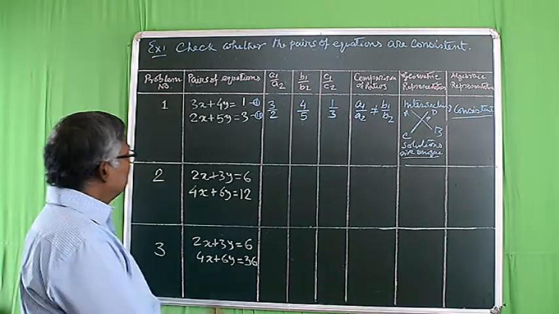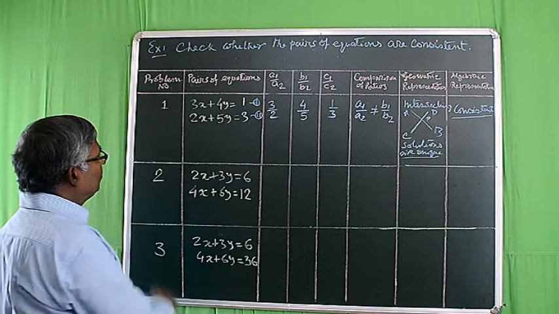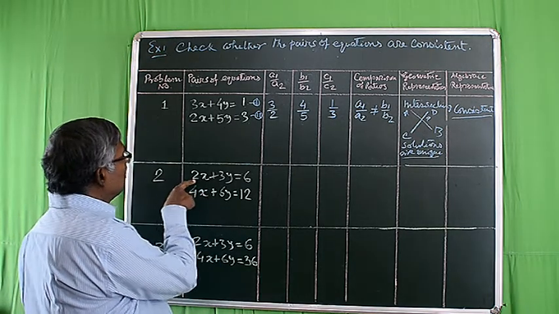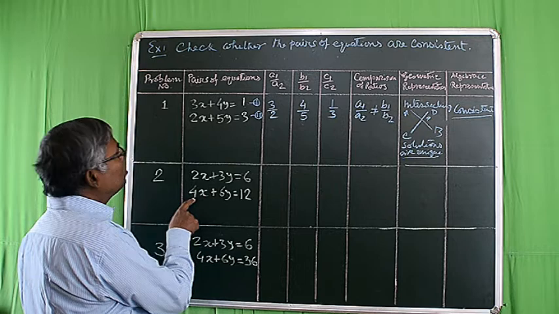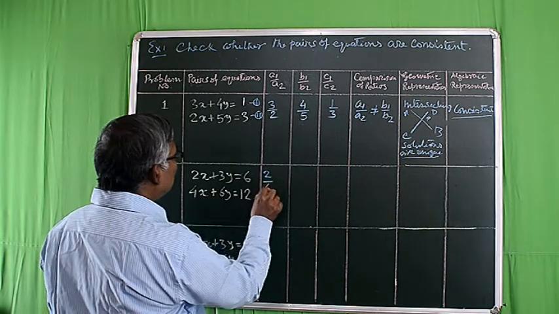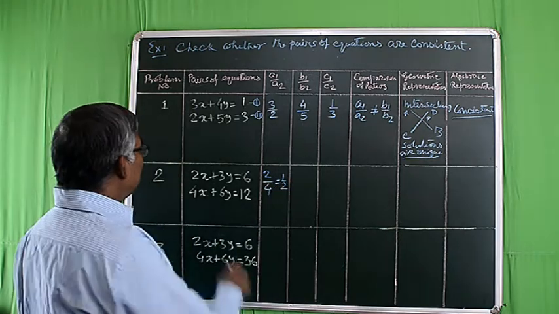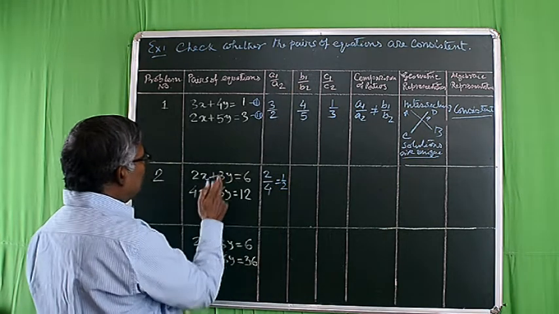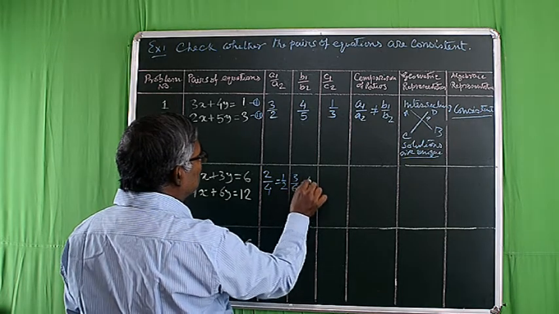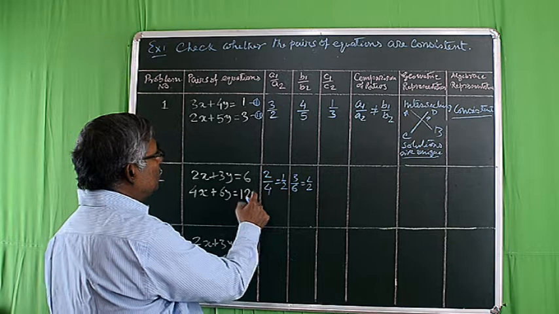Now consider the pair of equations representing problem number 2. Here we see a1 is 2 and a2 is 4. Therefore, the ratio is 2 by 4 equal to half. What is the value of b1 by b2? Here 3 by 6 equal to half. And what is the value of c1 by c2?